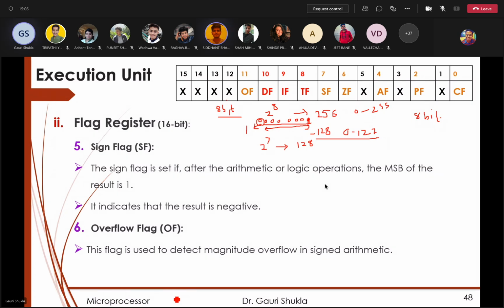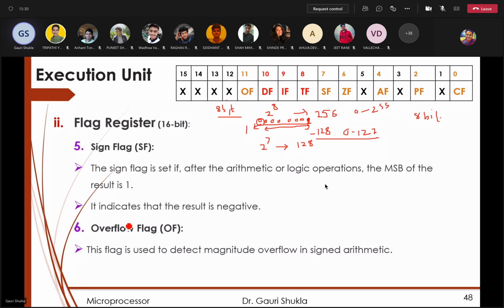Yes. So we should not interpret only from the sign flag, but we have to take care of the overflow flag also. This is what is meant by this. Otherwise, 80 means 1000 0000. If that is the answer, and if I just check the sign flag, I will interpret that the number is negative, right?